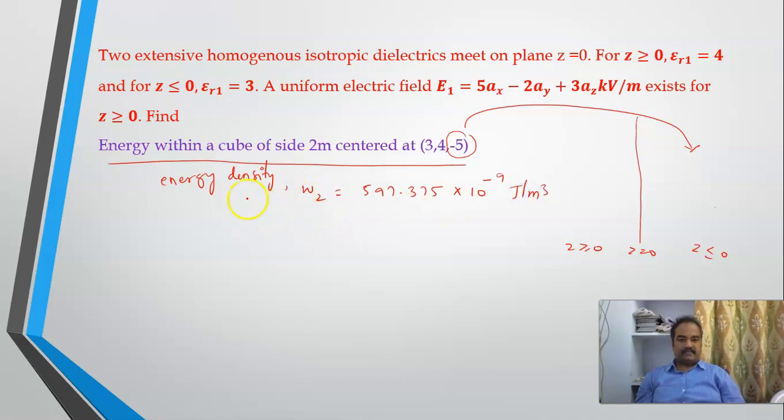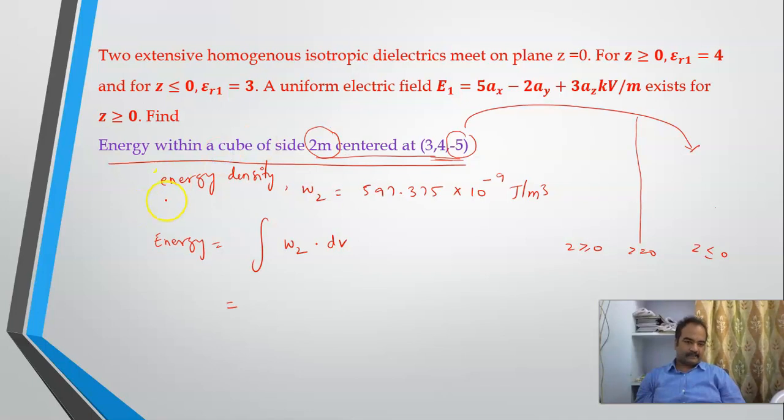This is energy density, and he wants energy, right? Energy is nothing but the integral of energy density into dV, right? So what is he asking? He is asking about a cube of 2 meters, which is centered at this one. So this is the vertex, this is the center, and the side is 2 meters.